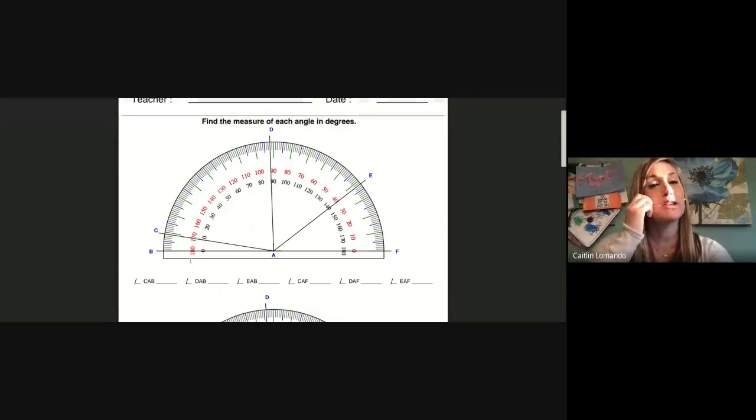So I don't want to be looking at the red numbers. I want to be looking at the black numbers. It's definitely less than 10. Can you tell approximately how big that angle is? To me, it looks like about 9. But tomorrow, when you have to tell me the exact measurements, I'm going to take a range. So we'll get into that tomorrow.